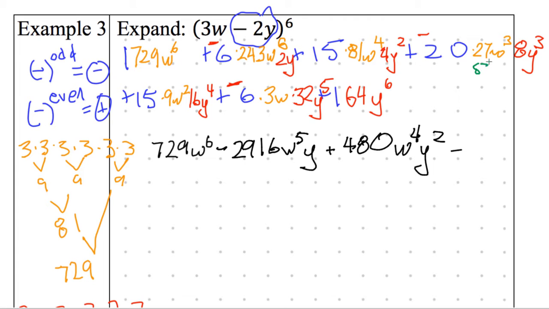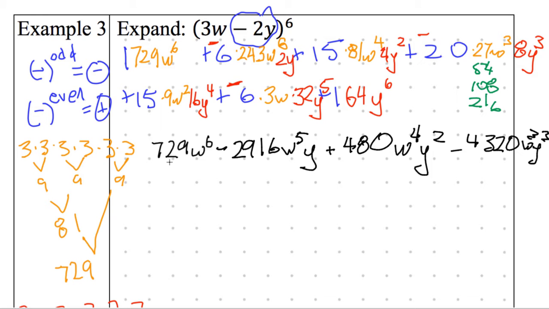So this is 54 after the first one, then 108, and then 216. So that's 216 is 27 times 8. And then 216 times 20, just double this again and add a 0. 432 with a 0 is 4320 w cubed y cubed.